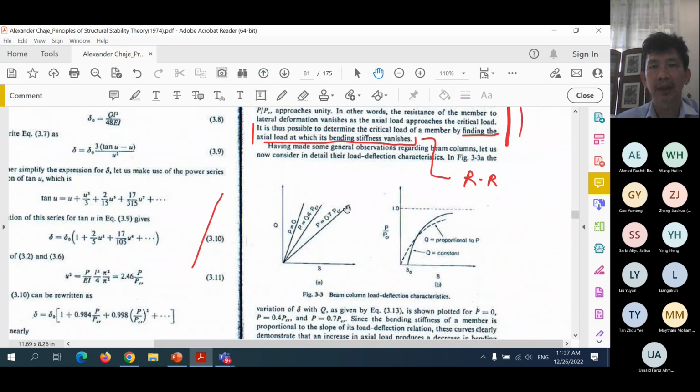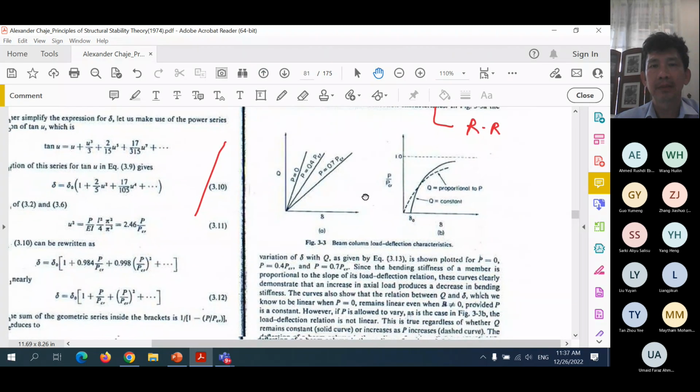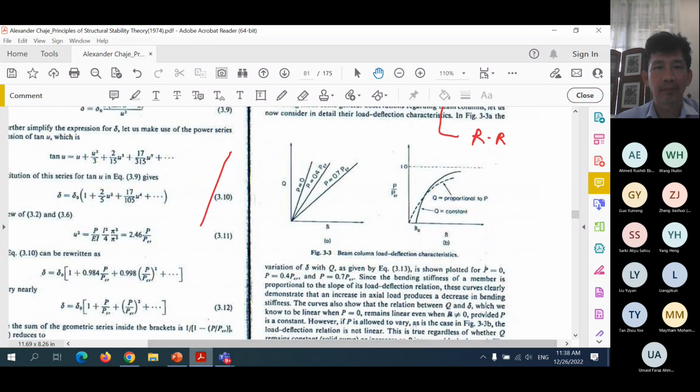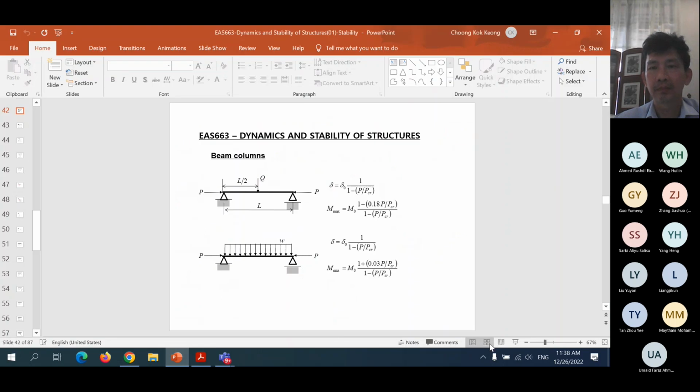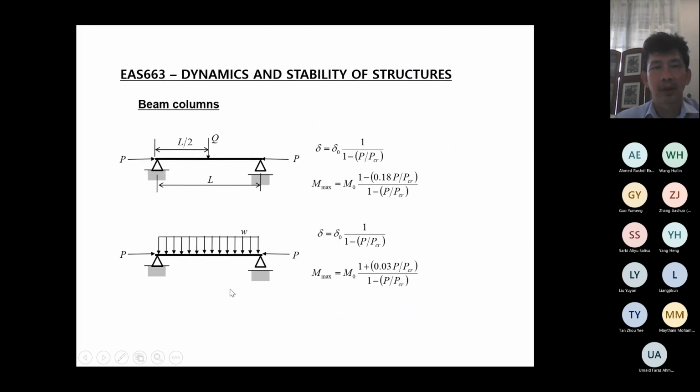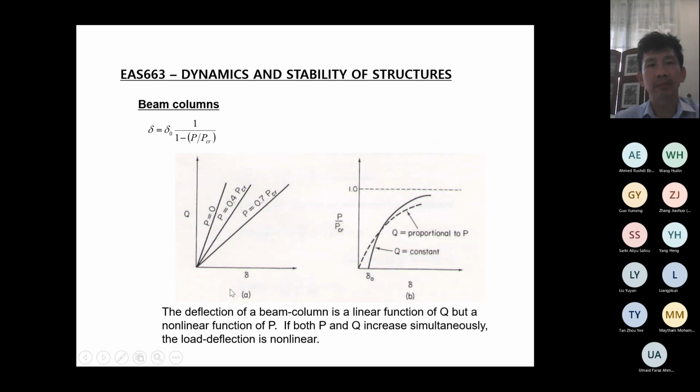This diagram is plotted using these equations: delta is equal to delta 0 over 1 minus P over P critical.